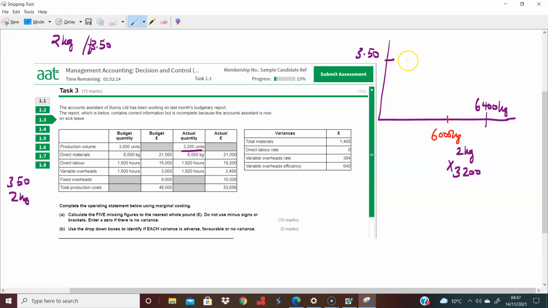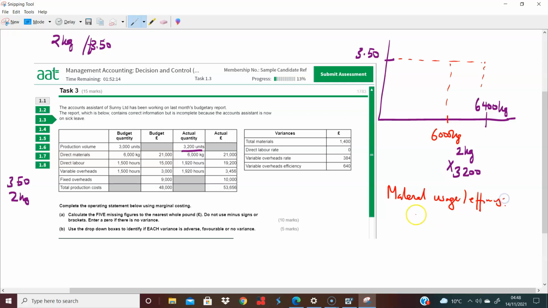So from a materials variance point of view, let's look at that first. We have a saving. You use 6,000 kilograms when we were really expecting you to use 6,400 kilograms. So from a material efficiency or usage point of view, usage is what they write, but it doesn't really matter.